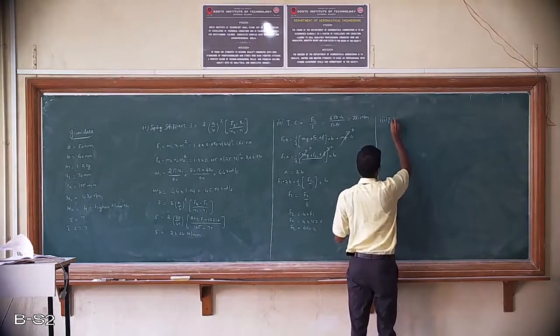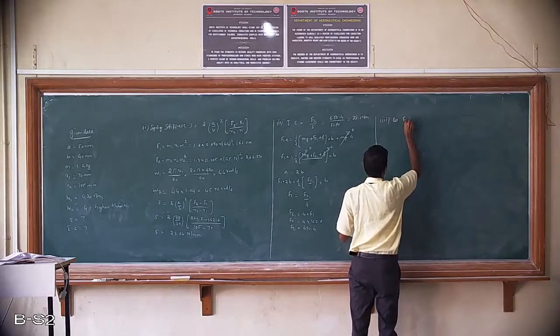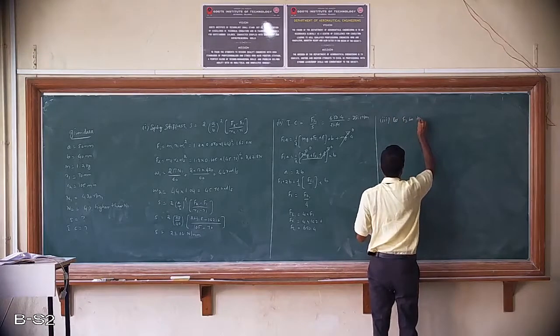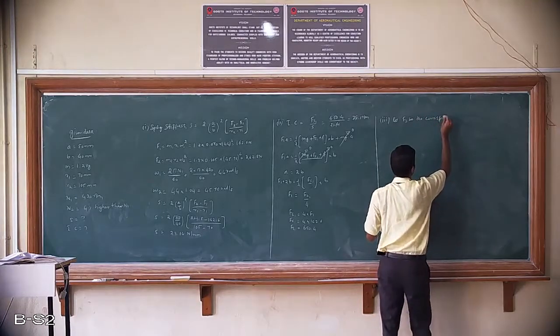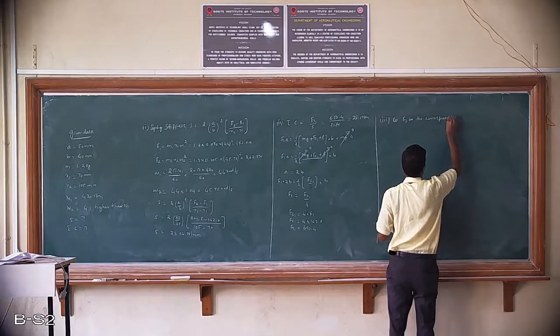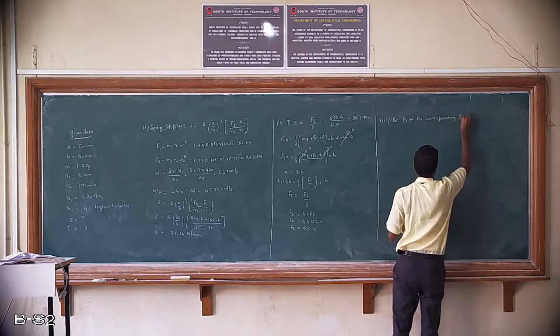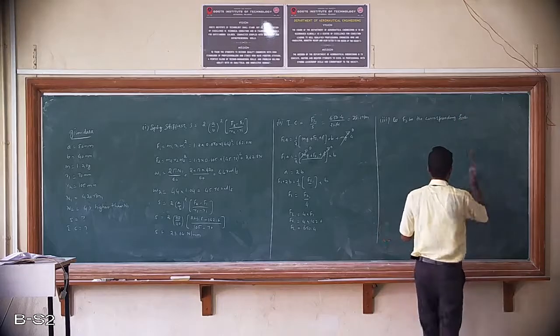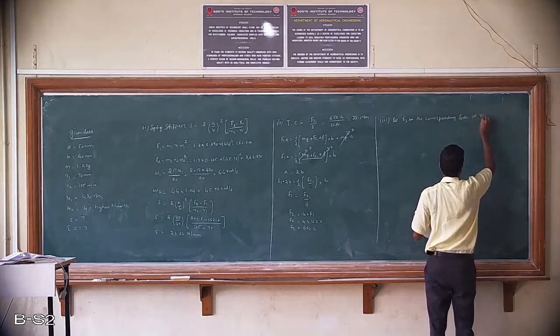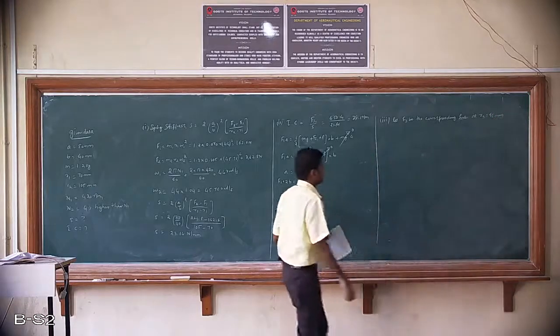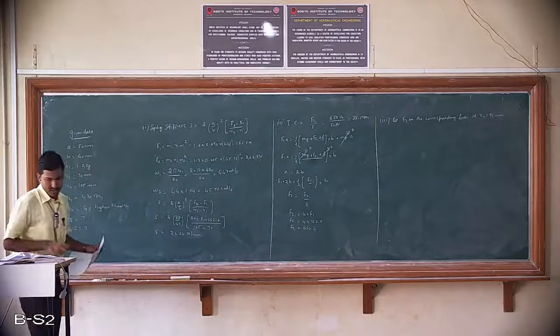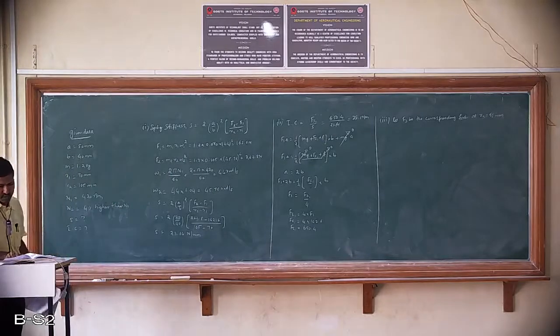So let F3 be the corresponding force at R3 equal to 95 mm, because what he has given is the equilibrium speed corresponding to a radius of rotation.